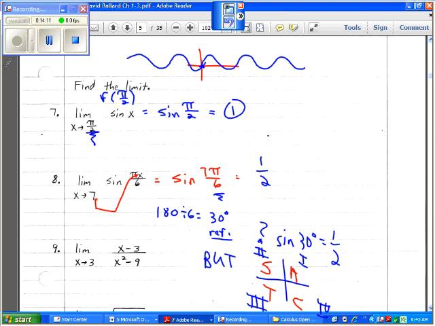Cosine is positive only in quadrant 4. Well, we got to figure out where 7 pi over 6 is. Well, this is pi, so 6 pi over 6 would be equal to pi, right? So where's 7 pi over 6 going to be? Down here in the third quadrant, where only the tangent is positive, therefore sine is negative. All right, everybody remember all of that?